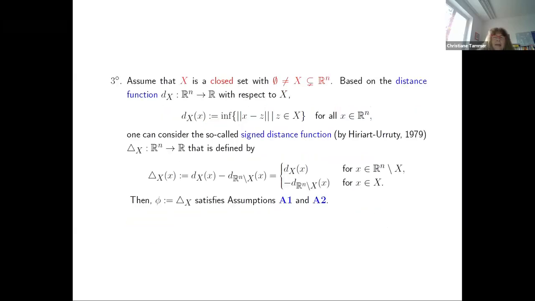So another example where assumptions A1 and A2 are fulfilled is the well-known Hiriart-Urruty function, the oriented distance function, defined using the classical distance function here in this way. And it is easy to see that the assumptions A1 and A2 are fulfilled.